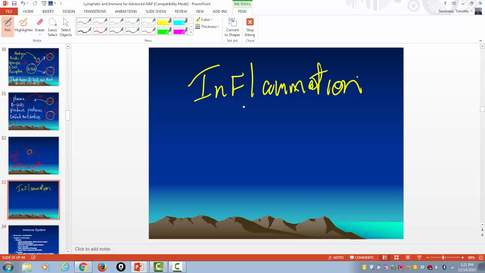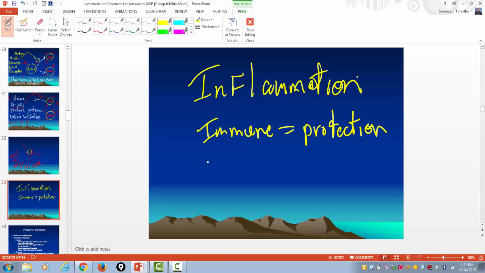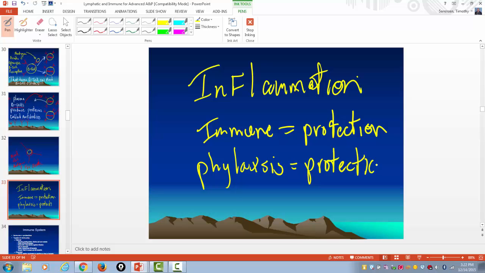Now, immune means protection. Phylaxis means protection. If you are prophylaxis, you are for protection.